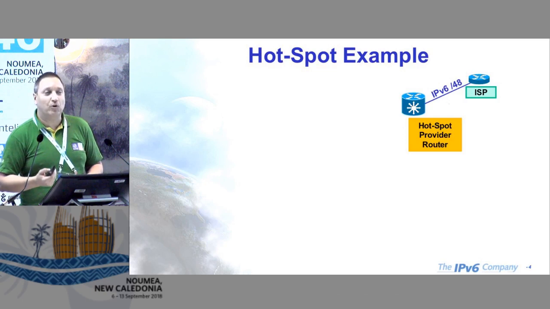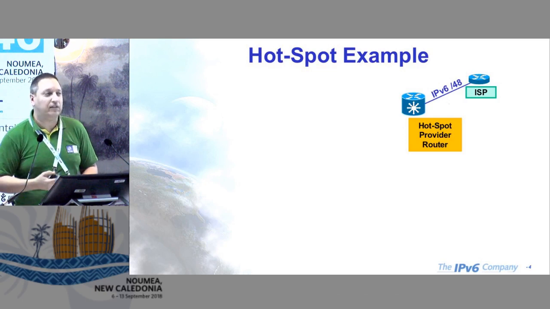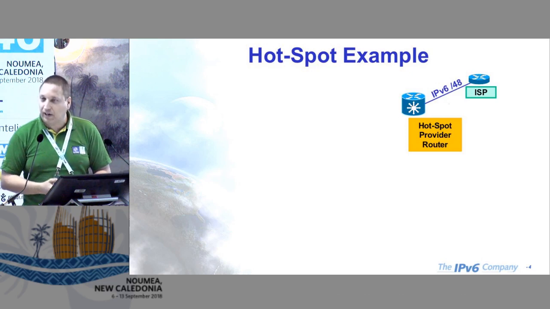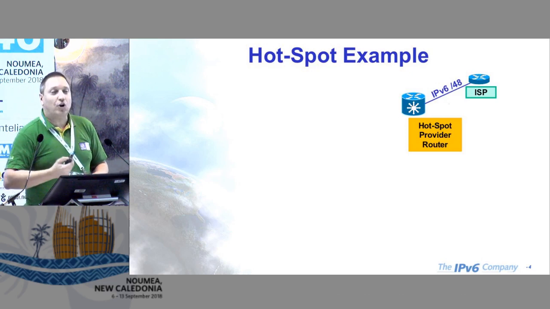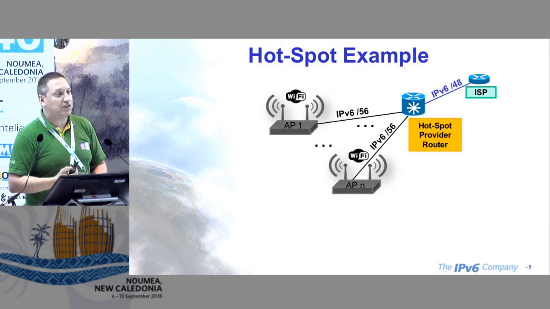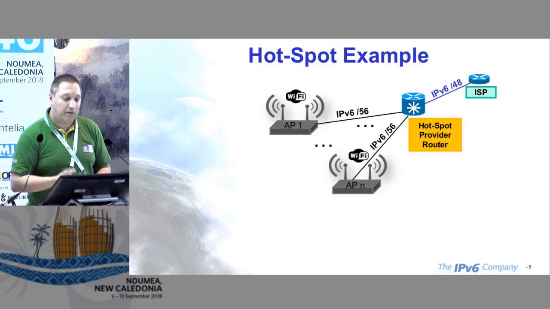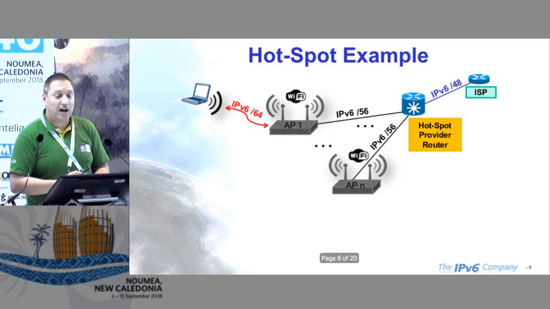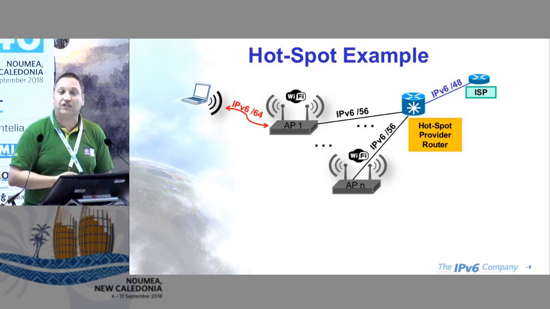Hotspot. Let's suppose we have an ISP that is allocating to a hotspot provider in a specific hotspot a /48, and then this hotspot has a number of access points, and instead of just giving each access point a /64, is giving every access point a /56. And then we have one user with a laptop connecting, and instead of getting a single address, we'll get a complete /64.